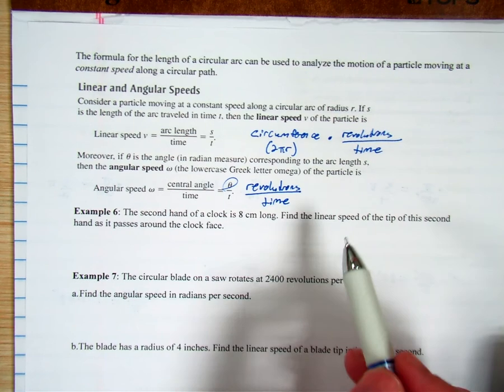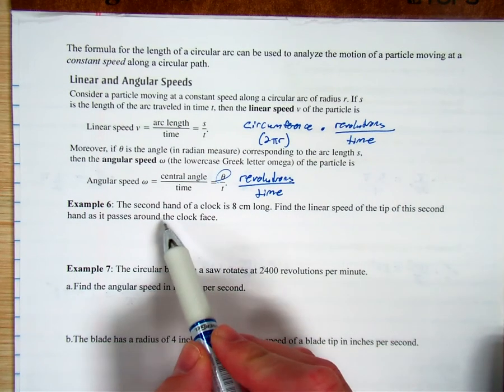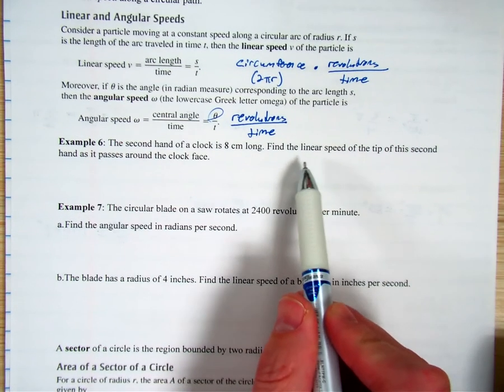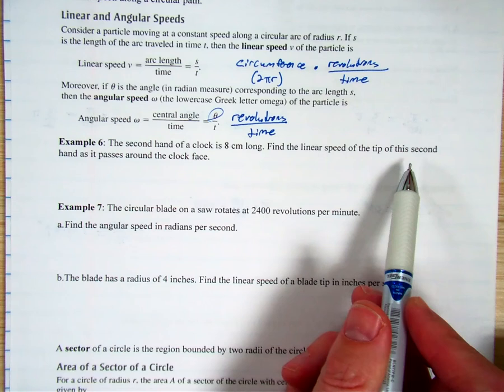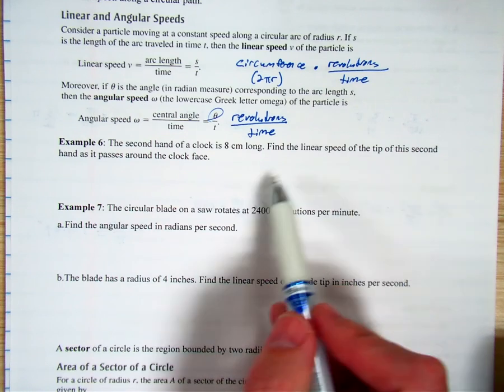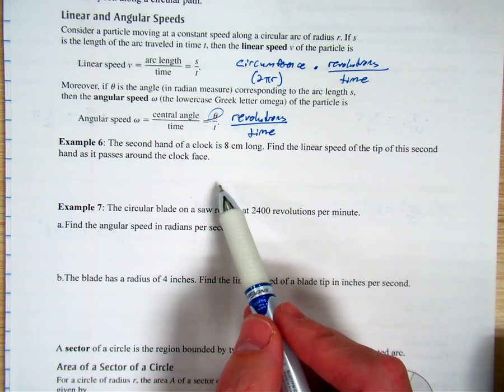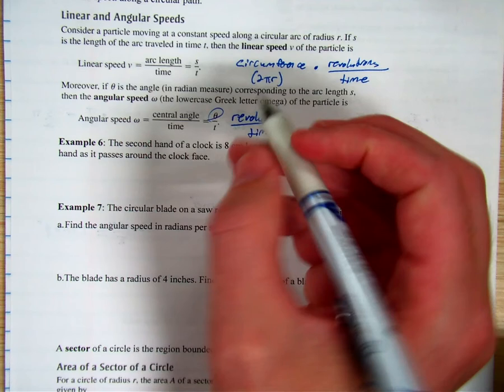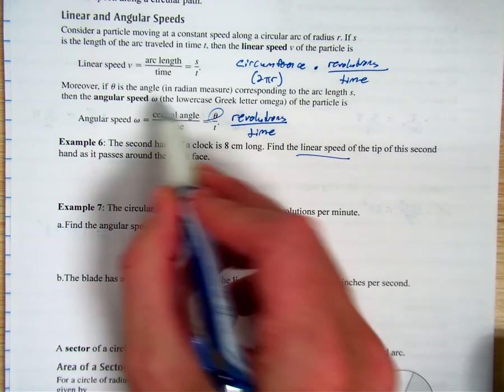Okay, let's see if we can do some of these. The second hand of a clock is 8 centimeters long. Find the linear speed of the tip of the second hand as it moves around the clock. Okay, so we need circumference. This is a linear speed.